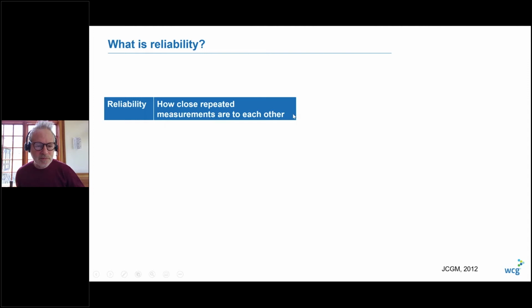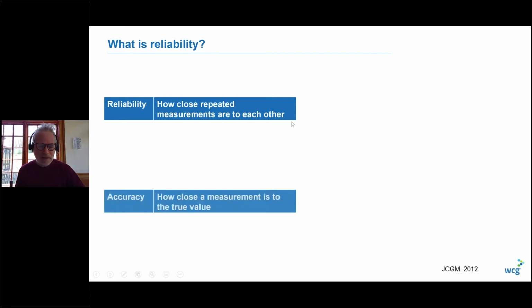It means how close repeated measurements are to each other, and accuracy is its first cousin, or maybe its fraternal twin, which means how close a measurement is to its true value. So if you're doing dental pain studies and you're measuring the effects of ibuprofen 400 milligrams for the treatment of dental pain, and you do 10 clinical trials, and each time you get virtually the same result for the efficacy of ibuprofen versus placebo, you're doing reliable work.